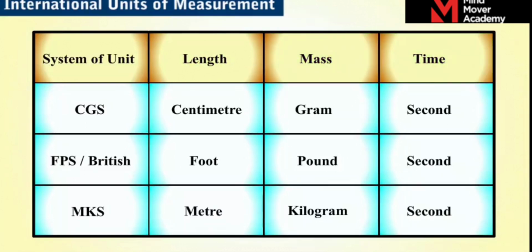Among these were the CGS system, which stands for centimeter, gram, second, and FPS, which stands for foot, pound, second, respectively. These units were adopted by Britain and hence the system is referred to as the British system. The third system of units is the MKS system, which stands for meter, kilogram, and second.